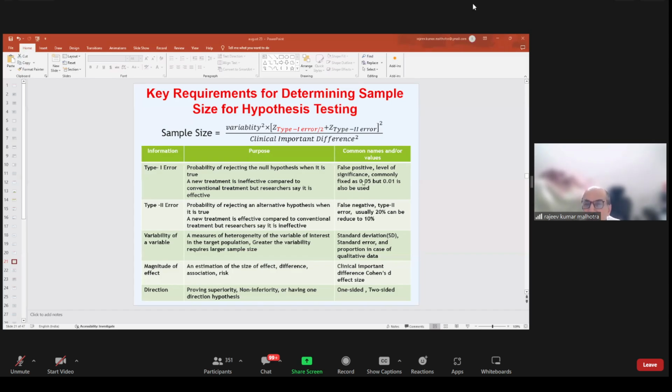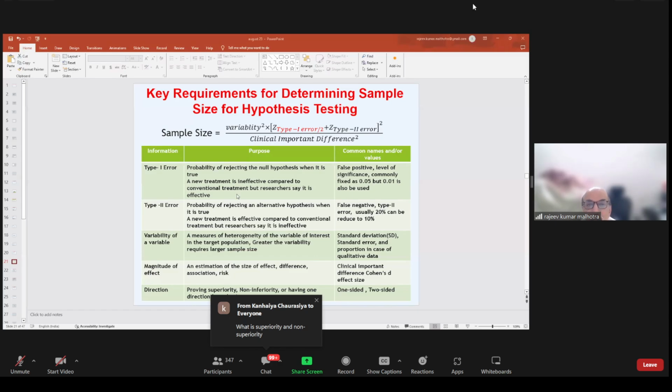Now, why do we fix 5% here and give a large margin of 20% for this? The reason behind it is that if a treatment is ineffective but researchers say it is effective, you are giving a threat to the patient, because you are giving a treatment that is ineffective.